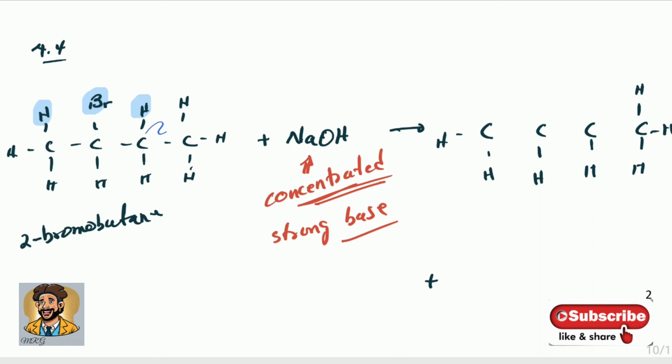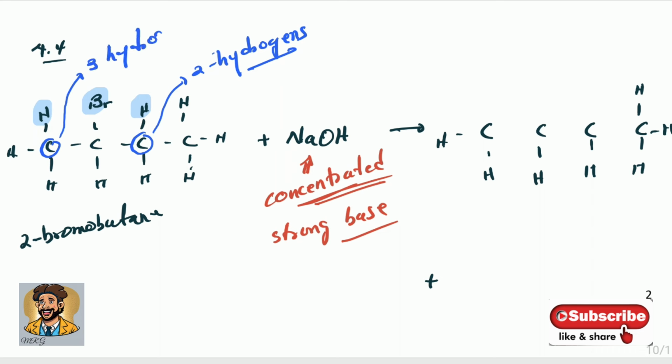This carbon has 2 hydrogens, while this carbon has 3 hydrogens. So we are going to take the hydrogen from the carbon that has the least number of hydrogens. In other words, we are going to take this hydrogen away.